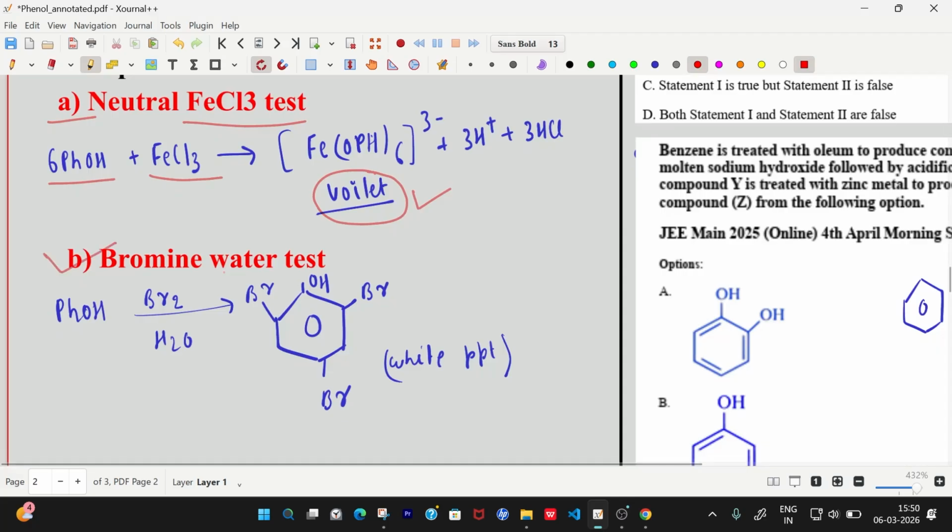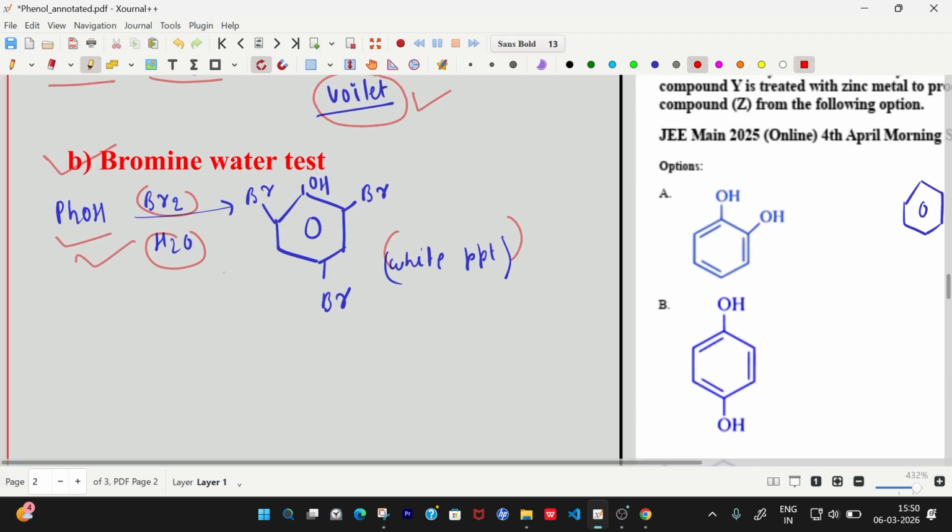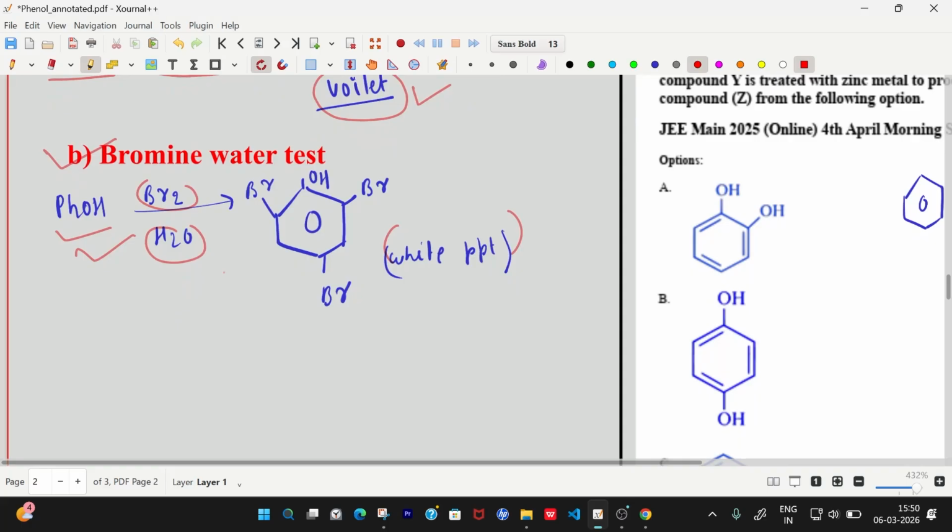The second test is the bromine water test. When phenol is passed through bromine water, it forms a white precipitate, and this also confirms the presence of phenol in solution. And this is all for your phenol chapter.